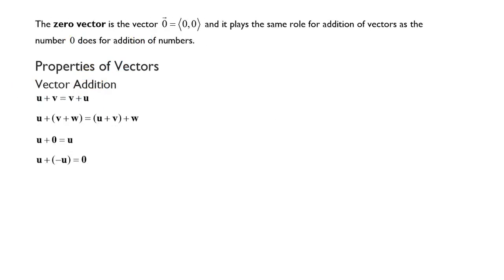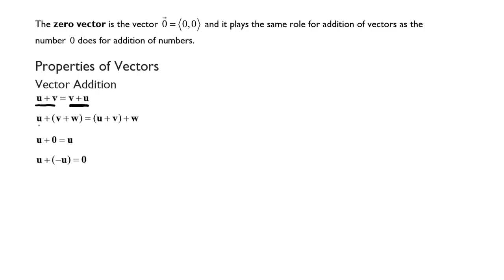The 0 vector is the vector 0 with a little arrow on top. Sometimes it's bolded instead of having the little vector on top. And its components are 0, 0. And it plays the same role for addition of vectors as the number 0 does for addition of numbers. If you add 0, the number that you started with is still whatever it started as. So let's look at the properties of vectors for vector addition. If we add u plus v, we will get the same thing, or it is equal to v plus u.